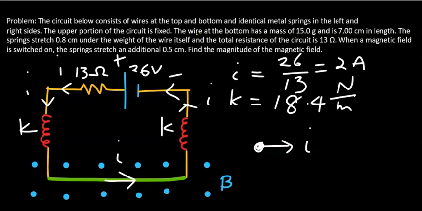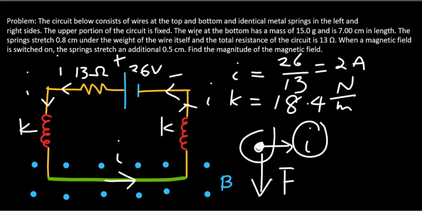The magnetic field is coming out of the board. When you curl your right-hand fingers from the direction of the electric current to the direction of the magnetic field, you see the magnetic force is going downward, because that would be the direction of your right-hand thumb. So magnetic force is downward, and that will cause an additional stretch of 0.5 cm.